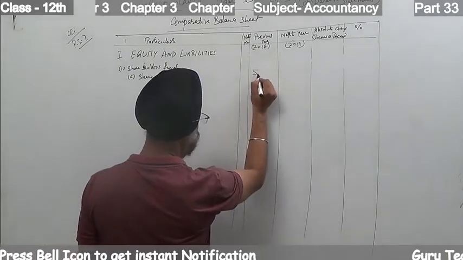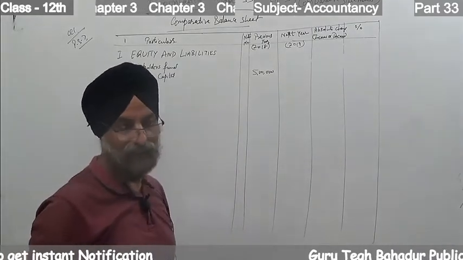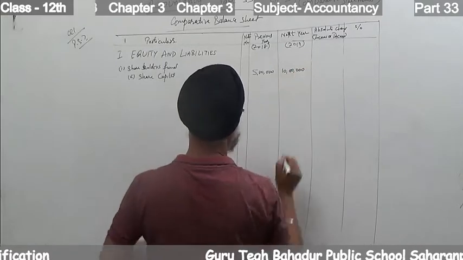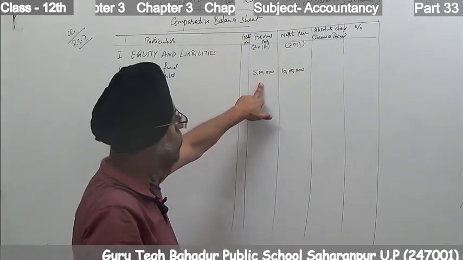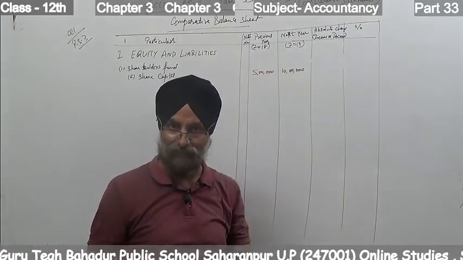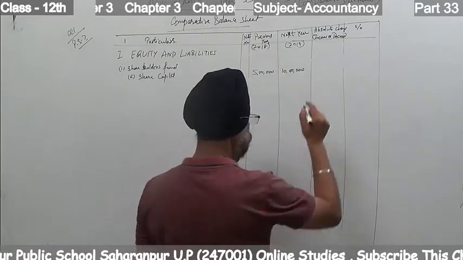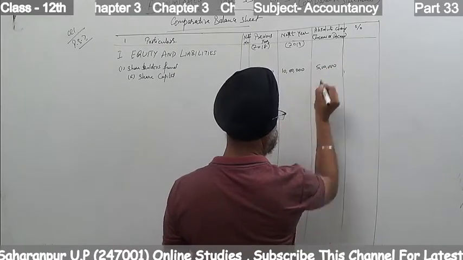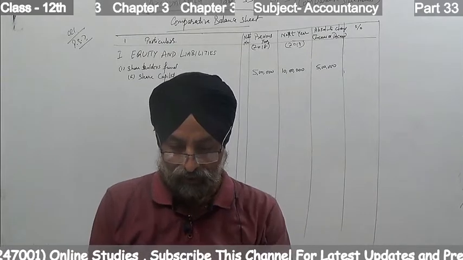This is 5 lakh in March 2018, and in March 2019 it is 10 lakh. How much is increased? It increased by 5 lakh rupees. So put here, in increase or decrease, rupees 5 lakh.